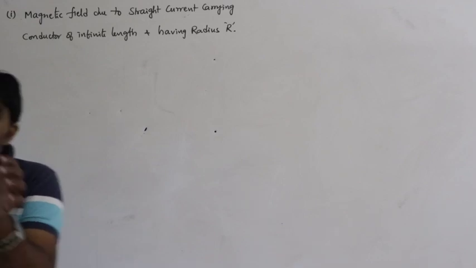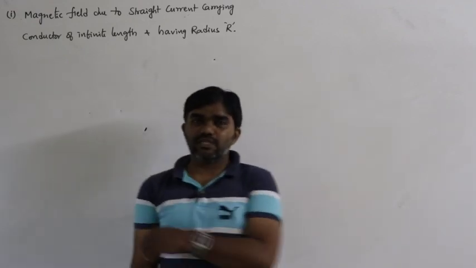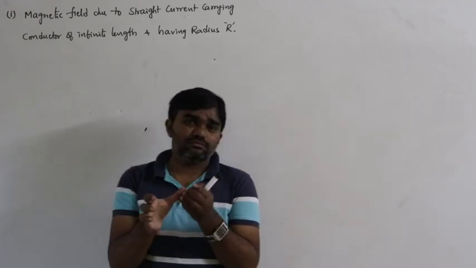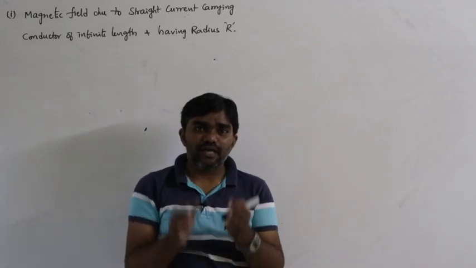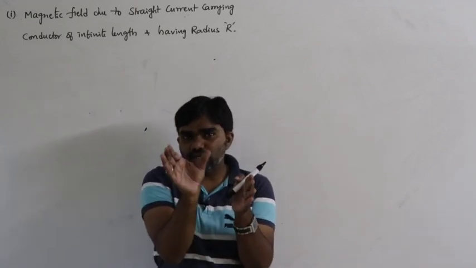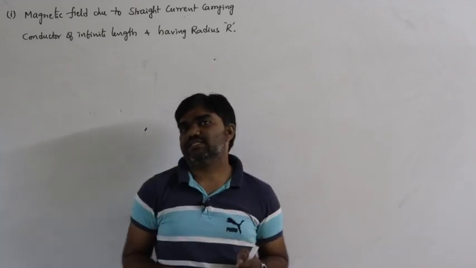So that means a thick current carrying conductor. For example, an iron rod of infinite length having certain radius, so that is having certain amount of thickness.